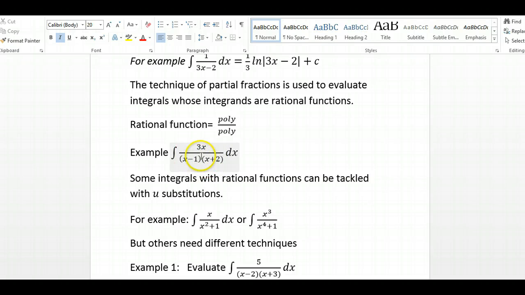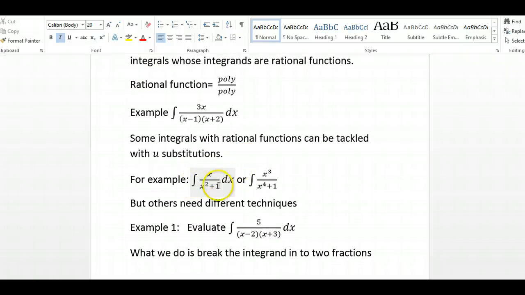But before you do that, not every rational function needs a heavy-duty partial fractions method, because as I always say, the first line of attack should be the U-substitution. For example, if you have this integral, this is a rational function because we have polynomial over polynomial.